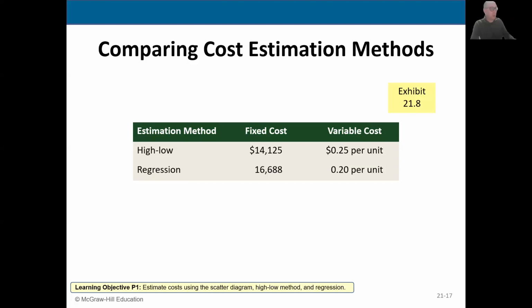So that's why it's important to apply a method that is most accurate. And in most cases, using regression analysis is going to be more accurate than the high-low method. But of course, in most cases, we always go with whatever's quickest and easiest, right, for doing any type of estimates.